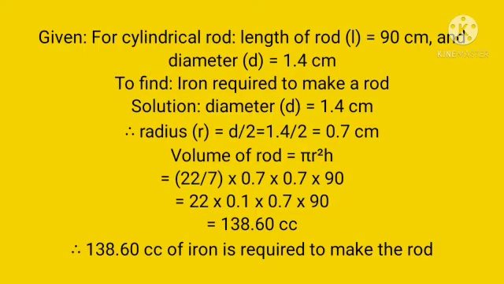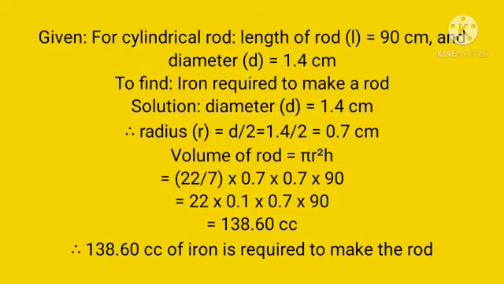To find iron needed to make a rod. Solution: diameter D is equal to 1.4 centimeters. Therefore, radius r is equal to diameter divided by 2, which is equal to 1.4 divided by 2, which is equal to 0.7 centimeters.